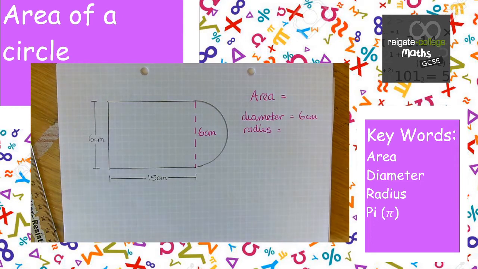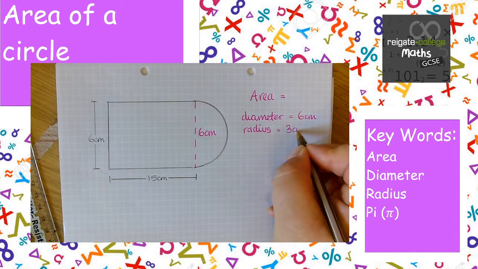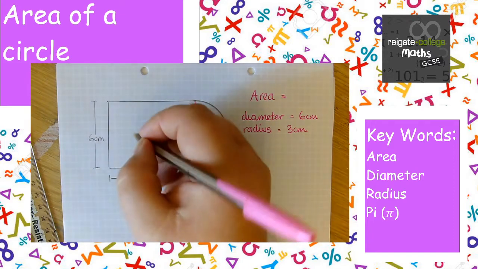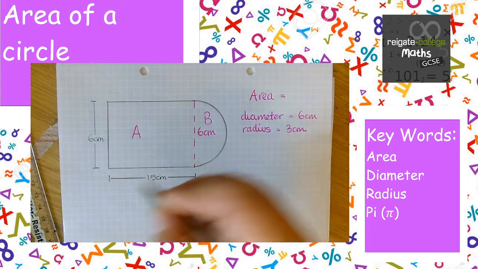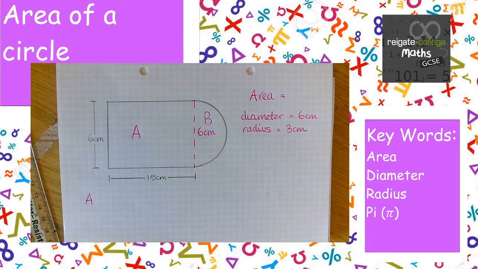If my diameter is 6 centimetres, my radius is 3. Having split my composite shape into their 2 regular shapes, I'm going to label them up A and B. And I'm going to calculate A first. That's the rectangular part.